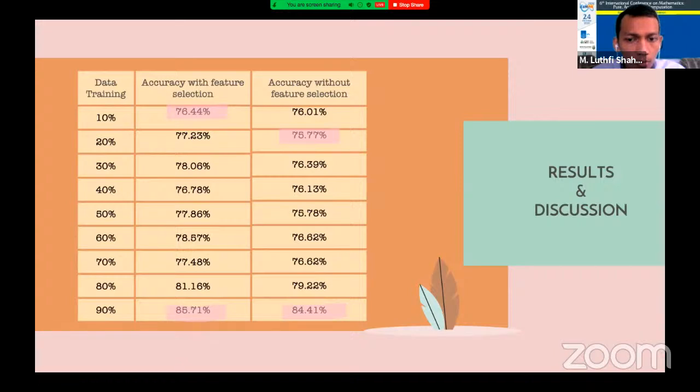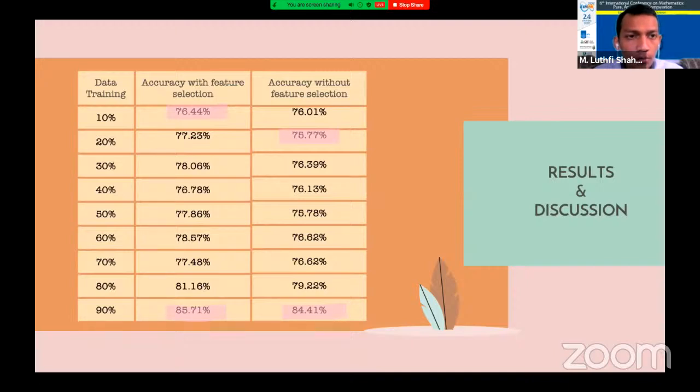From the results, it was seen that the highest accuracy obtained was when using 90% of the data training, which is 85.71%, while the lowest accuracy value was obtained when using 10% of the training data, which is 76.44%.